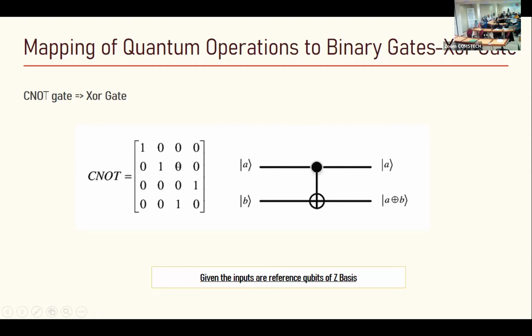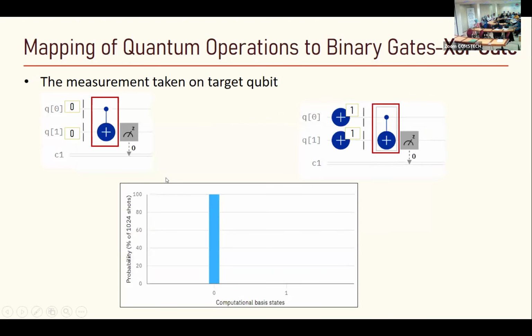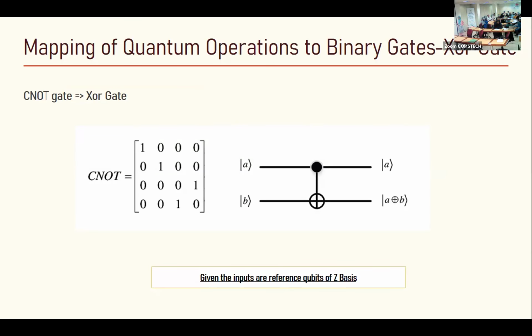Now, if we see the truth table of this, what is the truth table of the XOR function? In simple words, same gives 0, different gives 1. Okay, so let's check the output now. If the control bit is 0 and target bit is 0, what is the output of target bit? 0. If the control bit is 1 and target bit is 1, what is the output of target bit? 0.